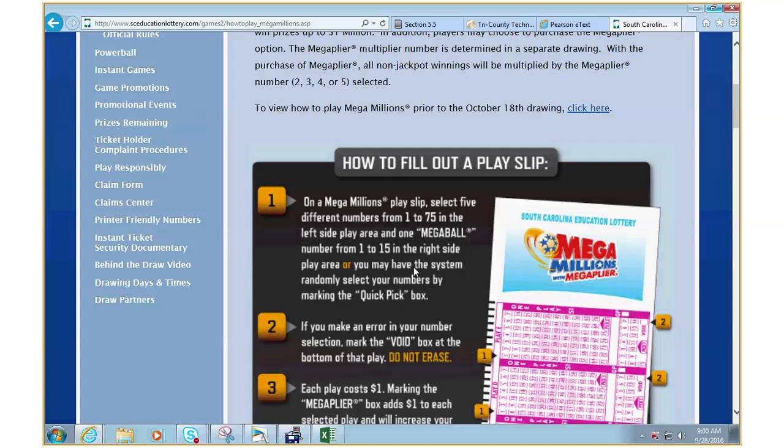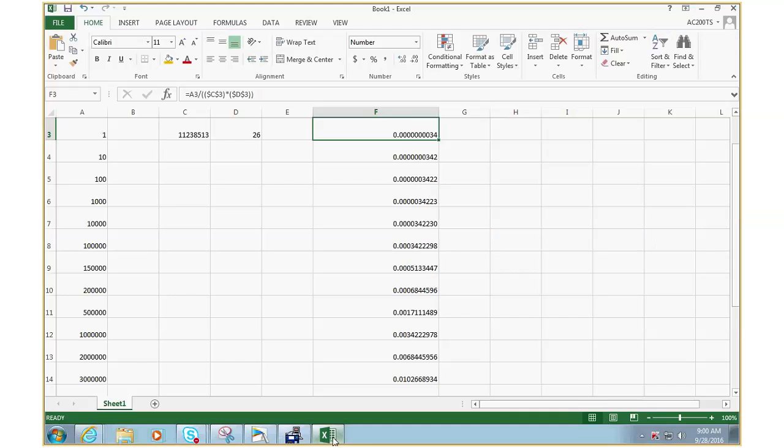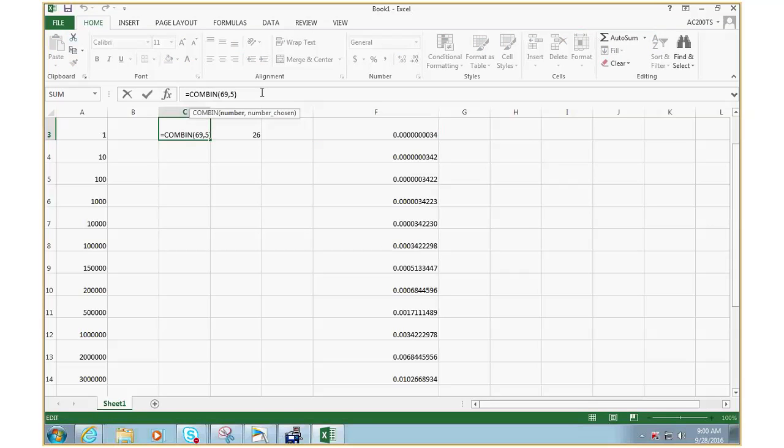So this would be 75, 5, 15, and 1. Is that what you get? So we go to our handy dandy Excel spreadsheet, and I change this number and change this number to 15.